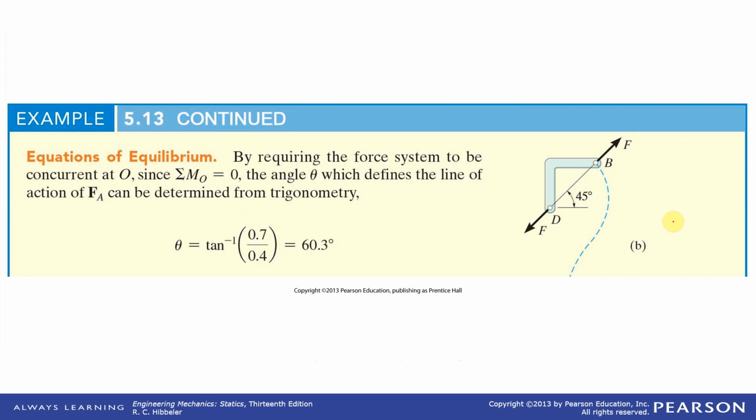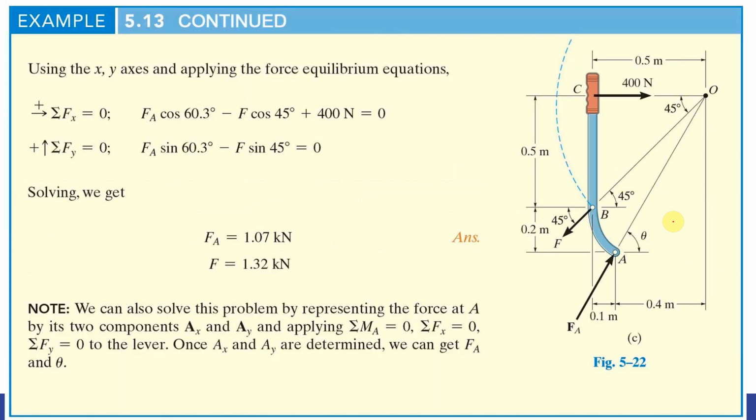Okay. Now we have a new diagram. And using force equilibrium, F_A cosine 60.3. This is the x-axis direction. That's positive.